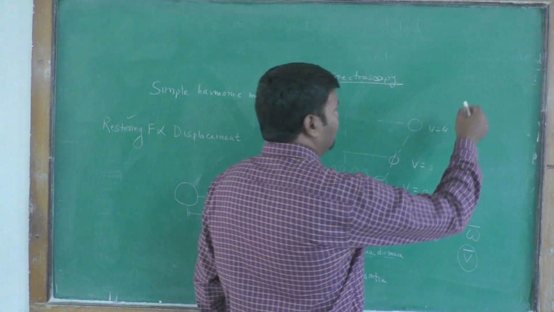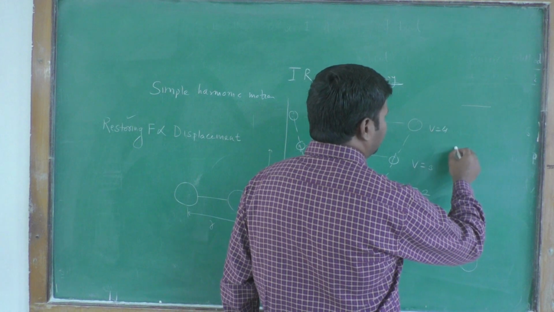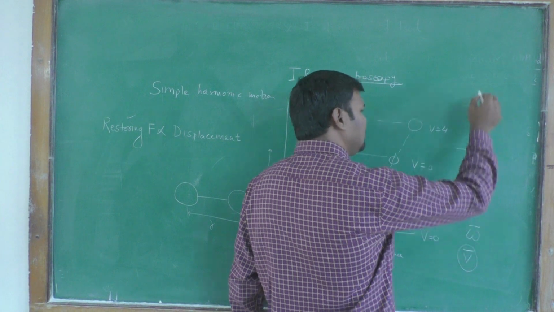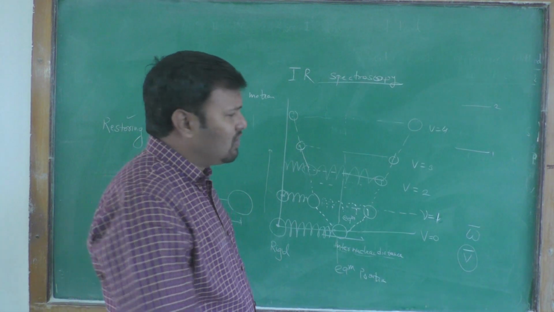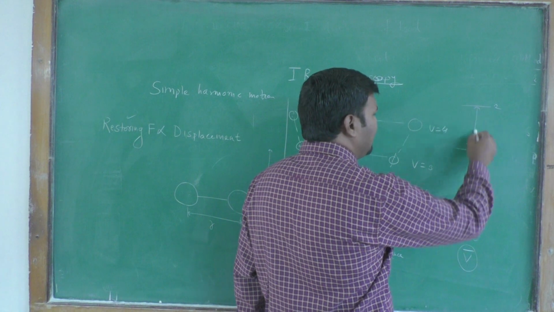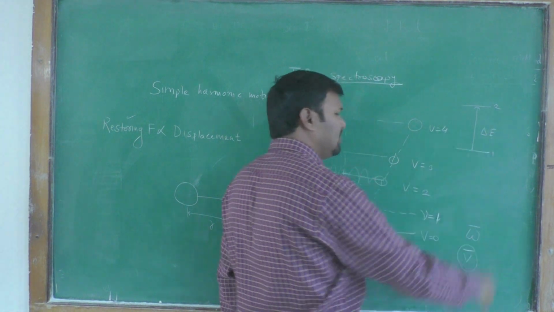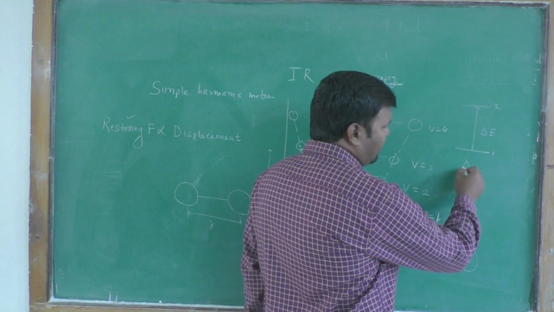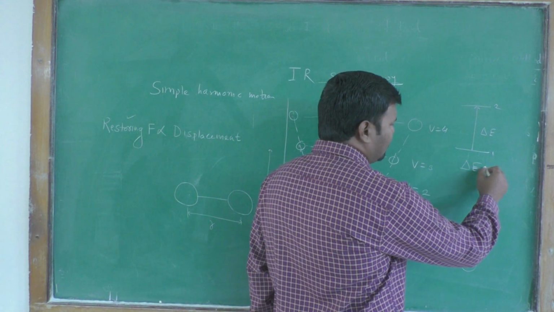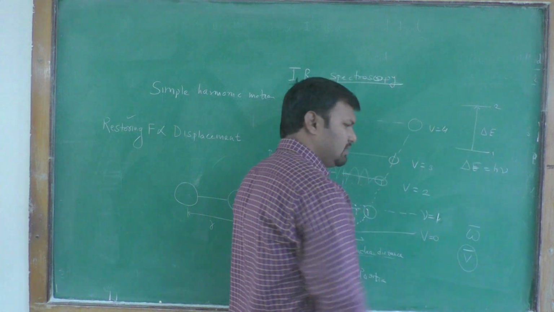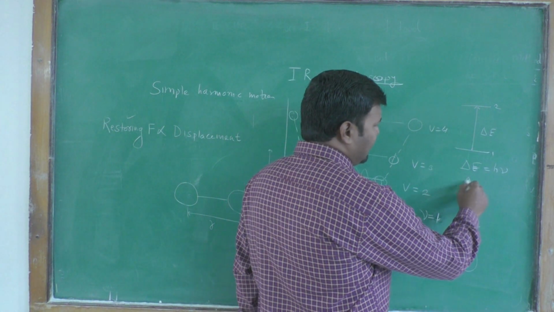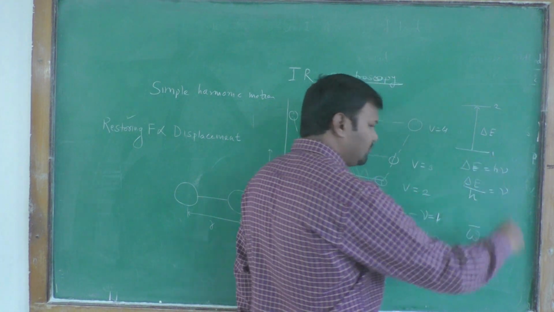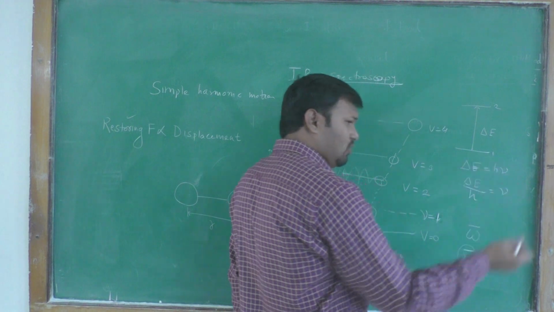In the first lecture we said that if your molecule is excited from one energy level to another energy level, some energy is absorbed, and that energy is given by the change in h nu. Delta E equals h nu, and that nu will be converted into nu bar.